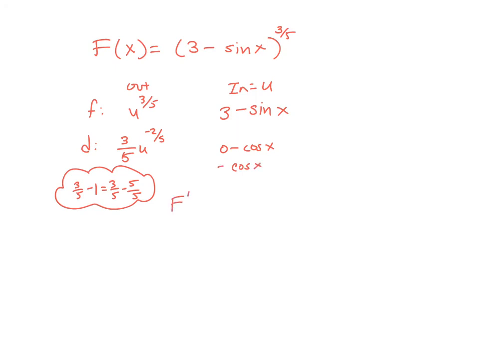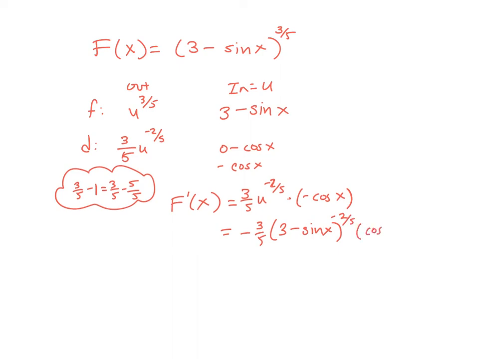So the derivative of F would be 3/5 u to the negative 2/5 times negative cosine x, or negative from the negative cosine, 3/5, and instead of u, 3 minus sine x to the negative 2/5 power times cosine of x. Please leave it there.